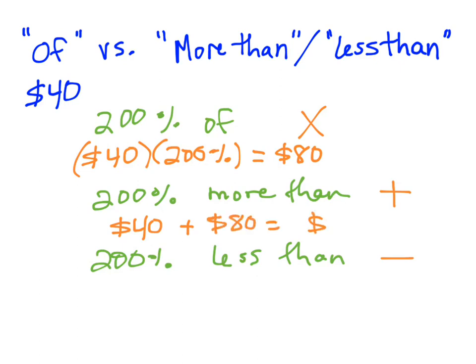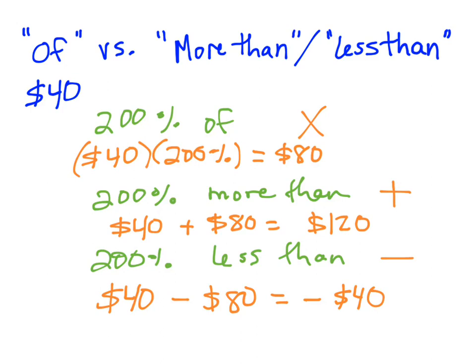So your new bill then would be $120. And then in this context, this last scenario would not be possible, but 200% less than would mean you've got your original bill, which was $40, and we would subtract $80, and that would be a negative $40, which of course does not make sense.